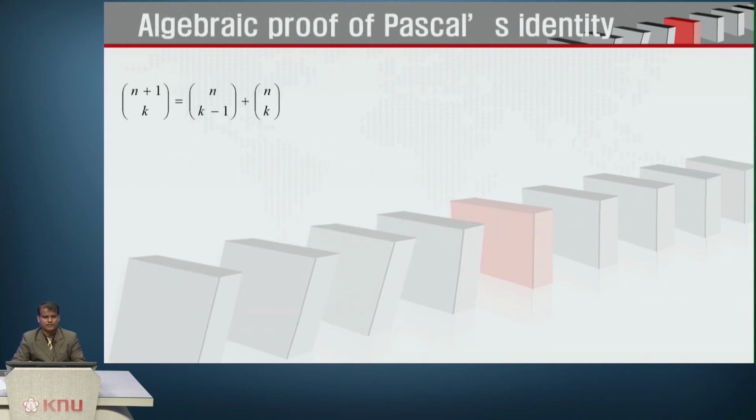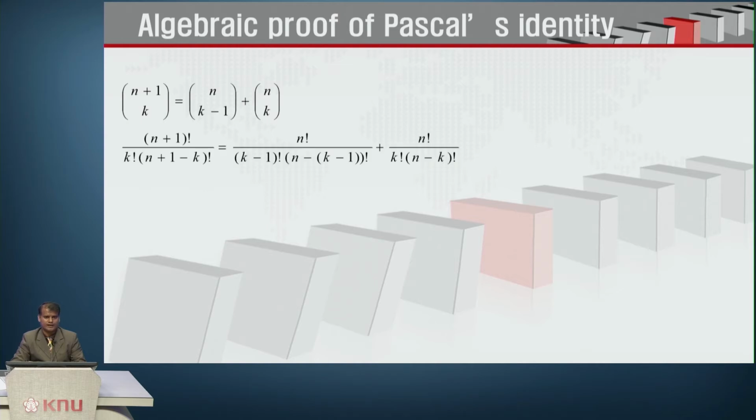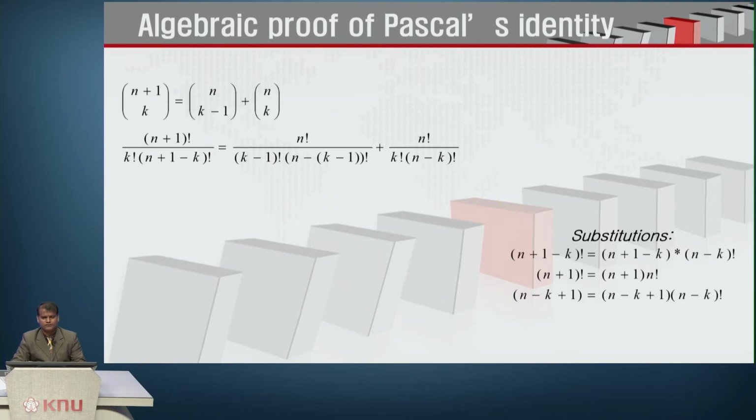Starting with this algebraic proof, we have n plus 1 choose k, which reveals this factor, and with it we can substitute these values. For example, instead of n plus 1 factorial, we say n plus 1 times n factorial.